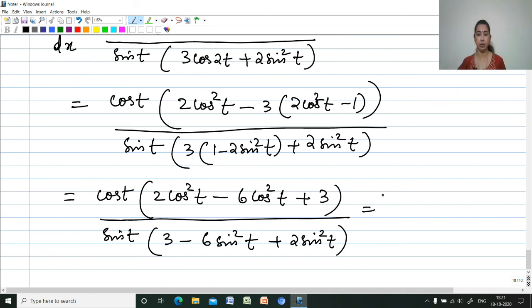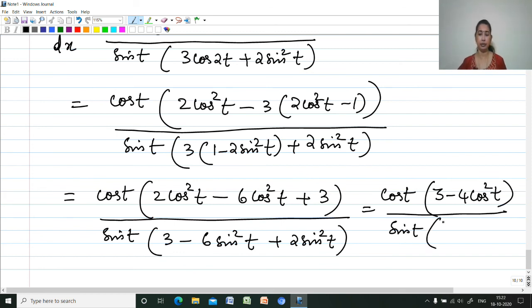That's equal to cos t into 2 cos square t minus 6 cos square t is minus 4 cos square t, that is 3 minus 4 cos square t, divided by sin t into 3 minus 4 sin square t.